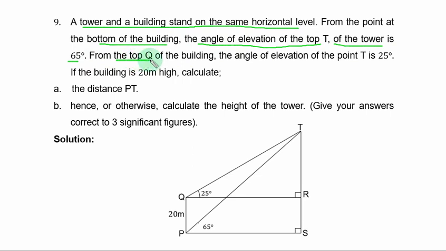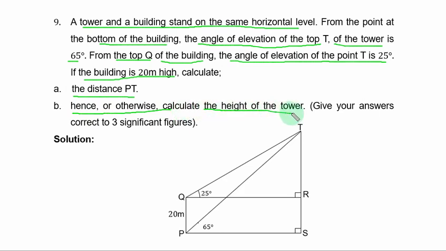From the top Q of the building, the angle of elevation of the point T is 25 degrees. If the building is 20 meters high, calculate, a, the distance PT, b, hence or otherwise, calculate the height of the tower.